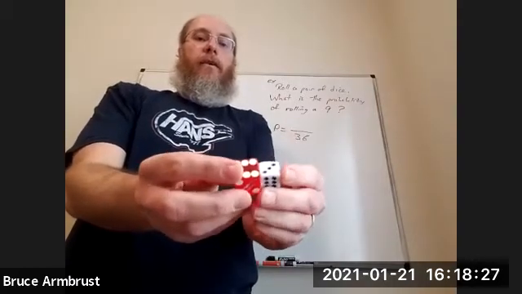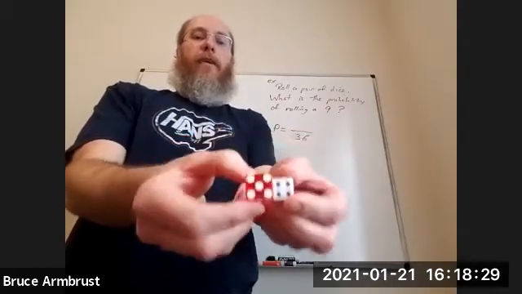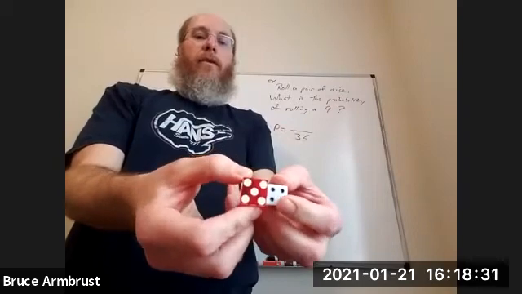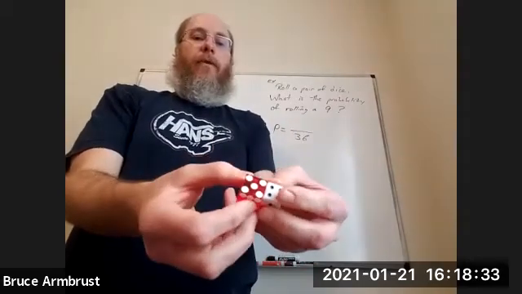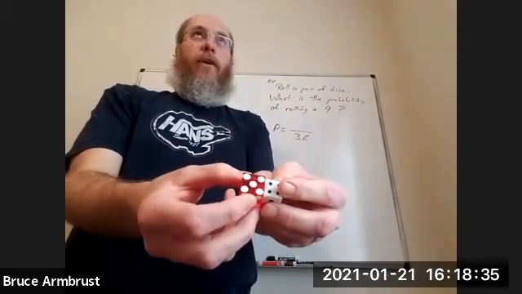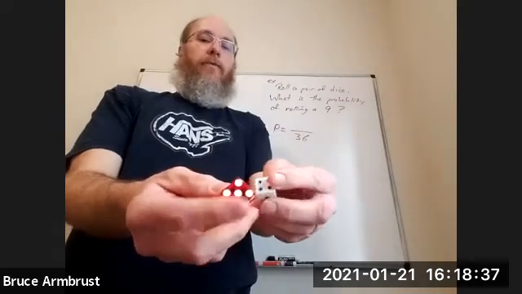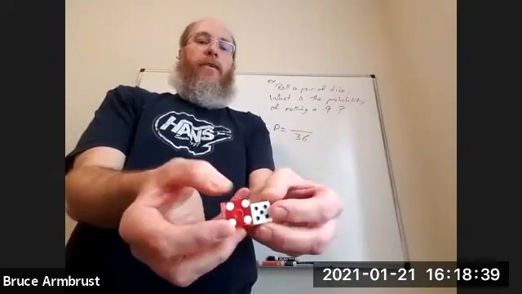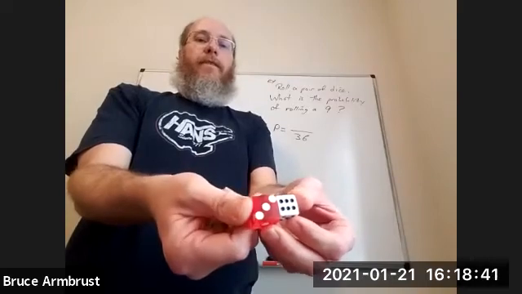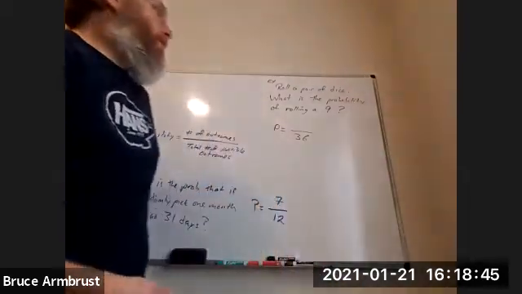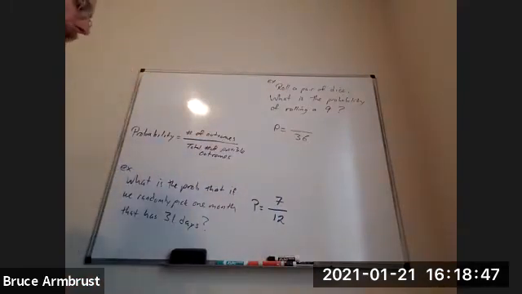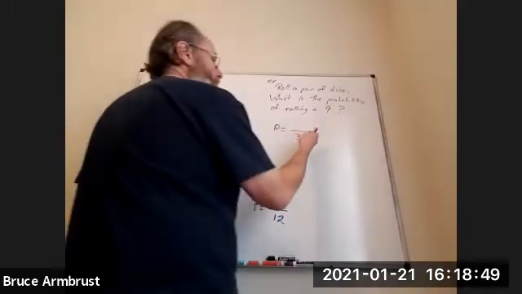So here's 6, 3. I can have 5, 4. I can have 4, 5, or I can have 3, 6. So it turns out that there are actually 4 different ways that we can get a 9.